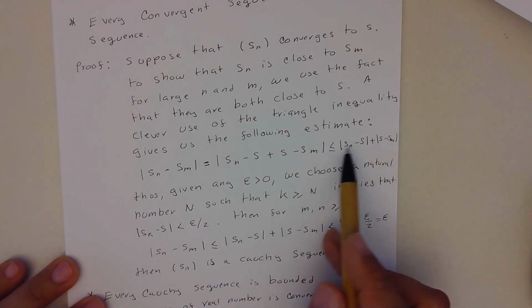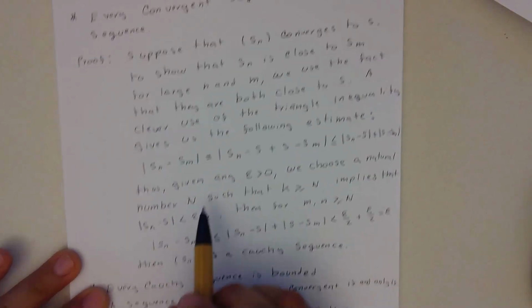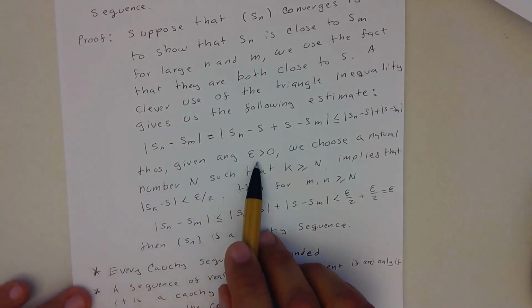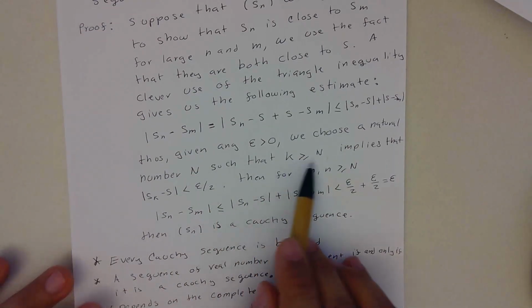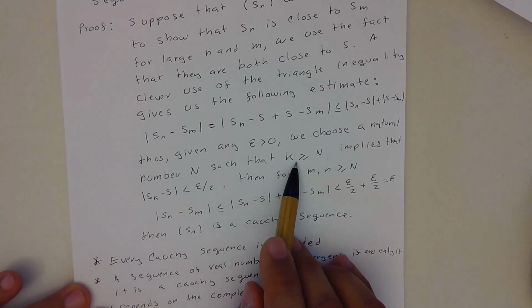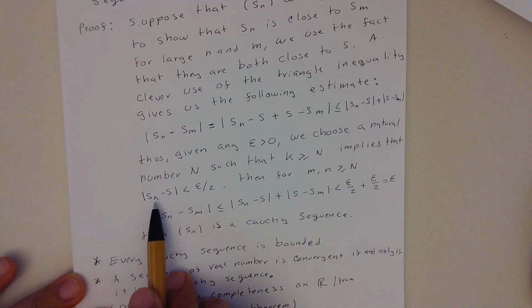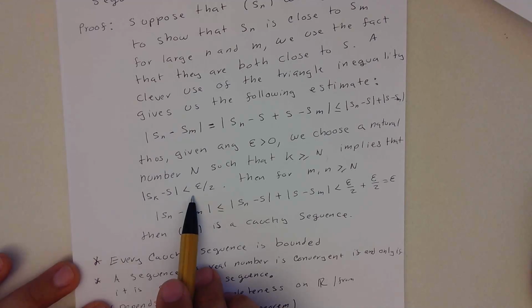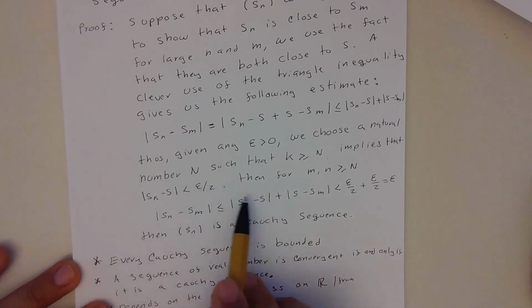And for any epsilon that we have, we get a natural number n such that both indices greater than n imply that each distance is less than epsilon divided by 2.